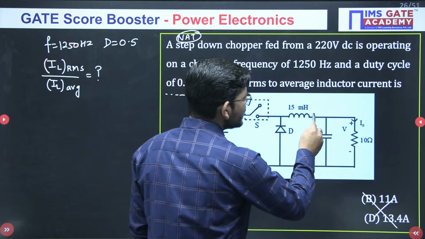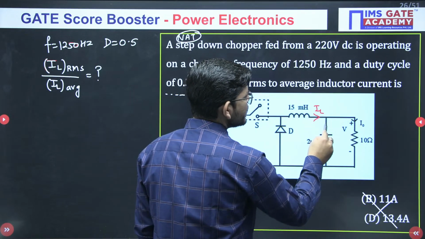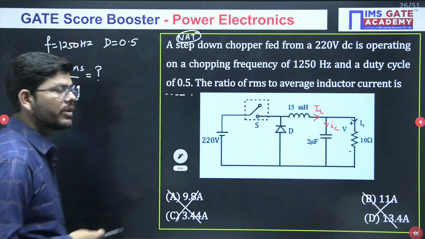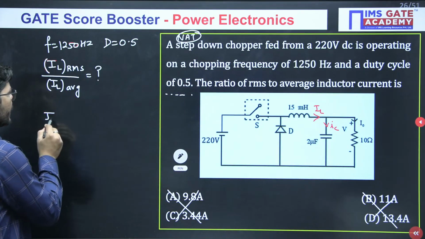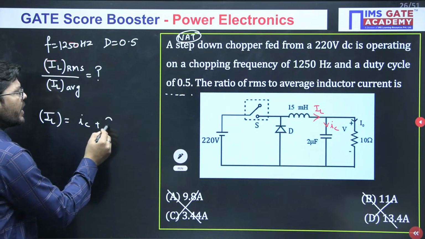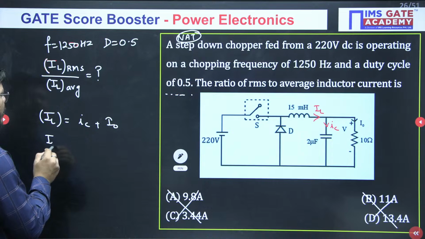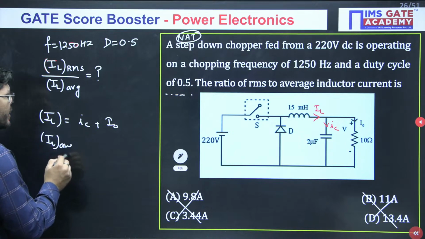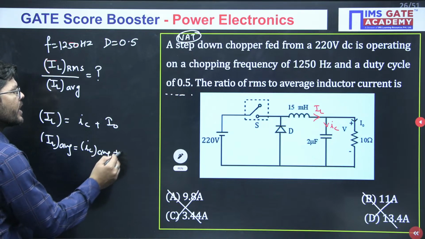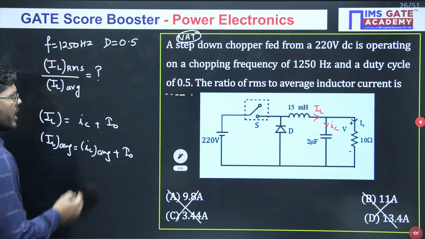Just see, the IL current that we have here is a combination of two currents, IC plus I naught. So the average inductor current will be equal to the average capacitor current plus the average current I naught.